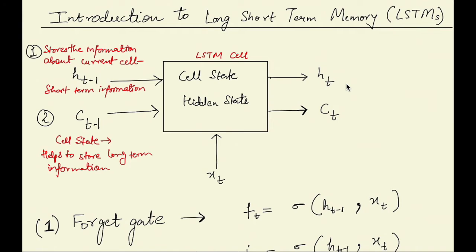So basically the output yt is always dependent on ht. So if there is an output yt, it's dependent on some function of ht, let's say f dash.